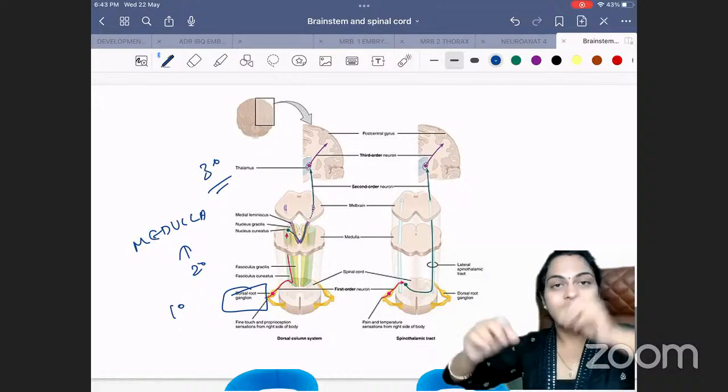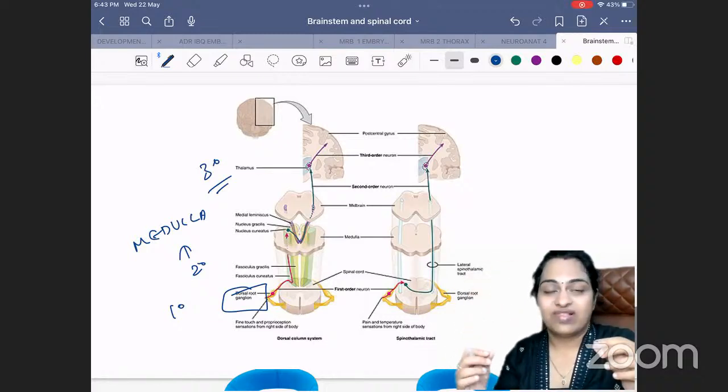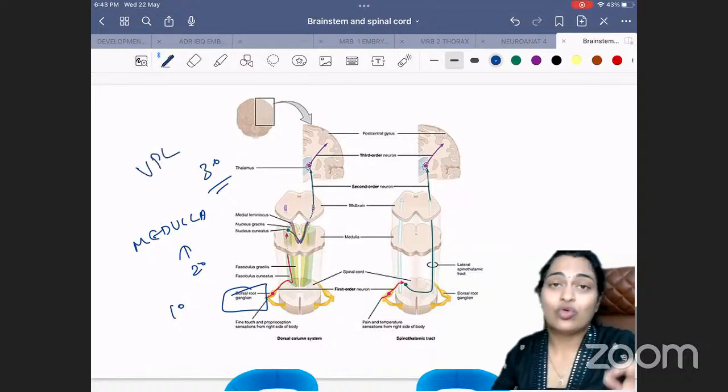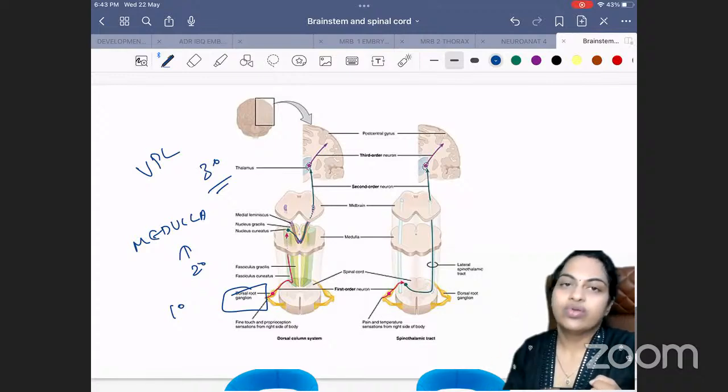And the axons that begin from the second order neurons form the medial lemniscus. And this medial lemniscus will end in the ventro-posterolateral nucleus of thalamus. So dorsal column pathway is an important essay question, a lot of MCQs there. The first order neuron, dorsal root ganglia. Second order neuron in the medulla, nucleus gracilis and nucleus cuneatus.